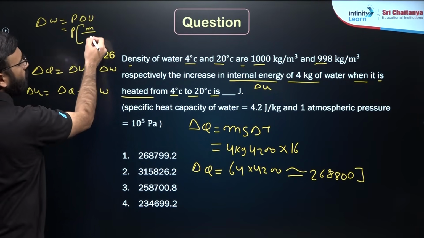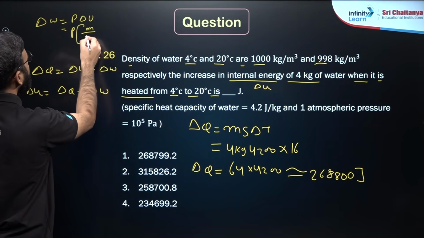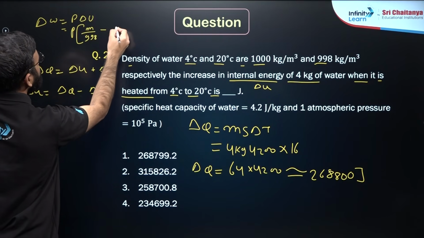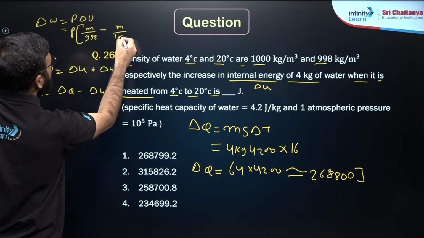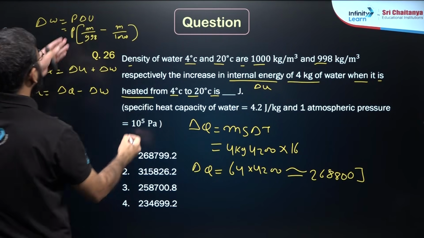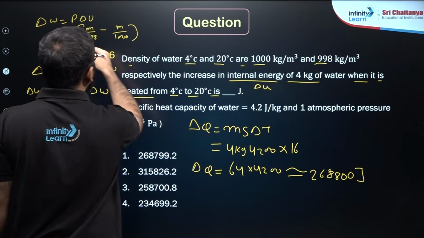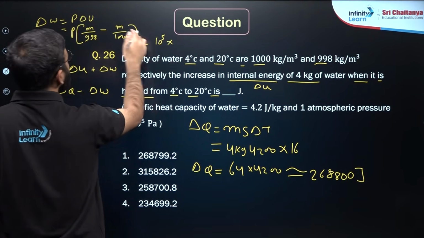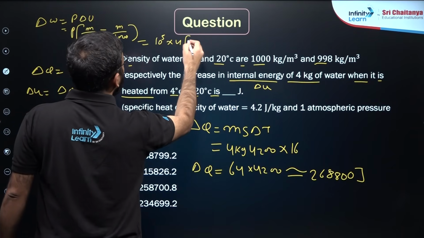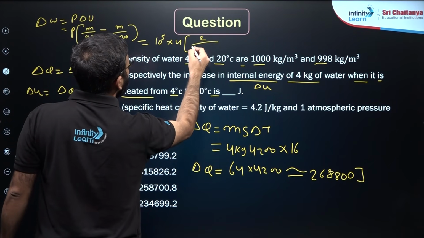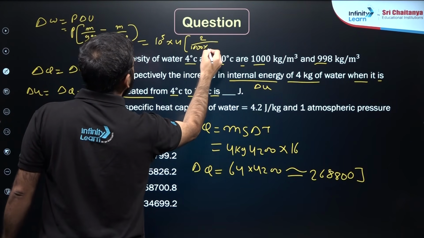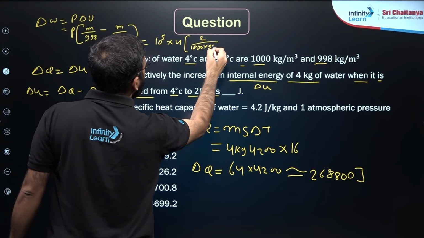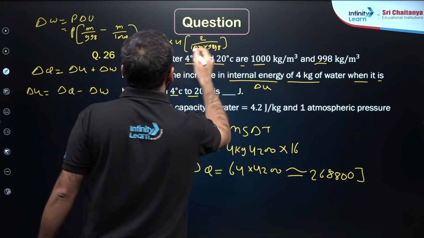So what is the final density? That is 998, minus, that is 1000. You can take m common, and so 10 to the power 5 into the mass, 4, into 2 divided by 1000 into 998. Just we can solve this calculation.